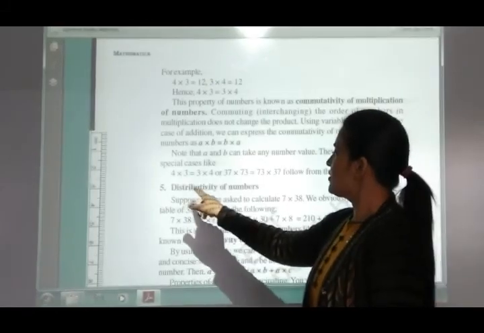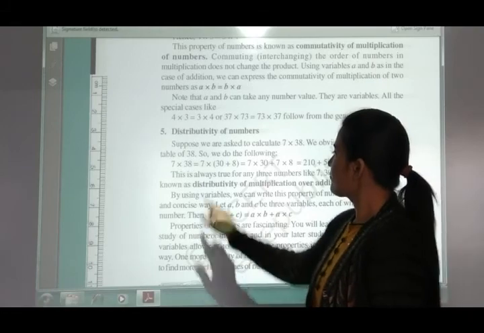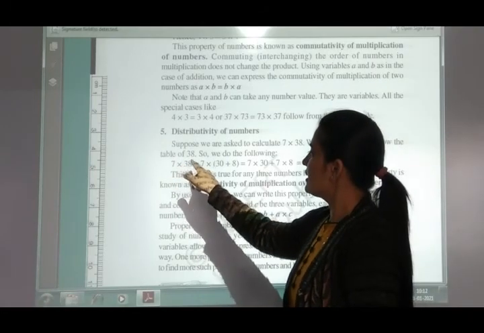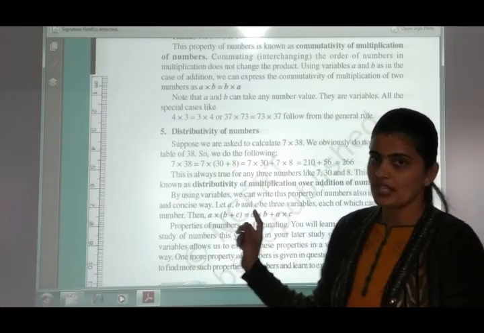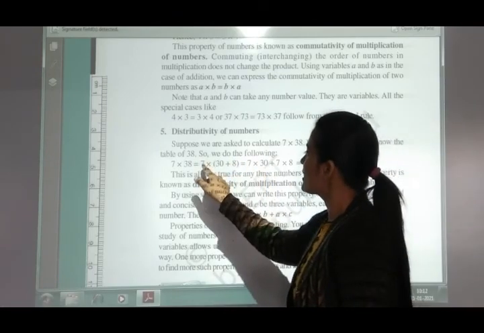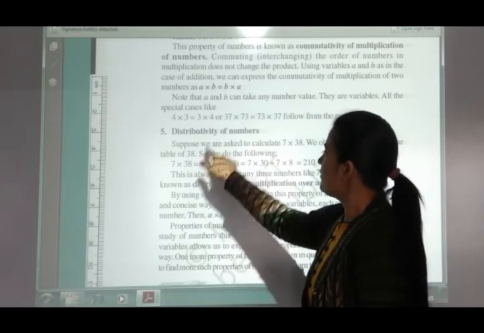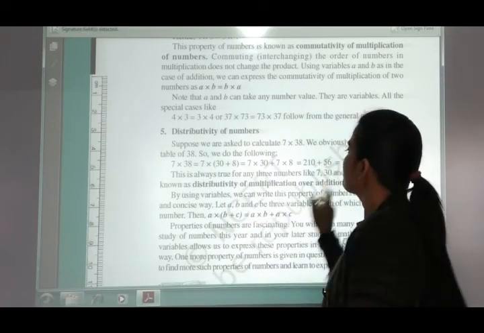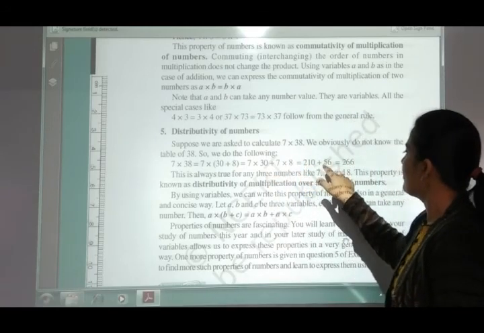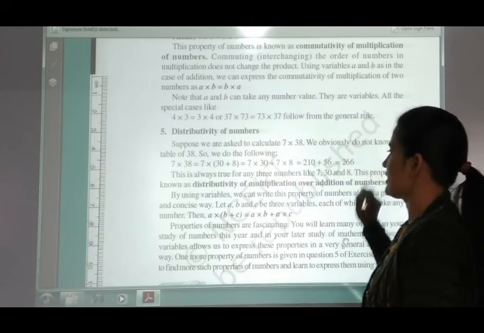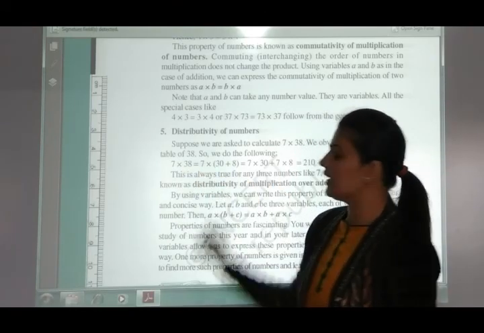Now distributivity of numbers. Take 7 multiplied by 38. 38 can be written as 30 plus 8. So it is 7 multiplied by 30 plus 7 multiplied by 8, which is 210 plus 56, that is 266. Here we need 3 numbers.